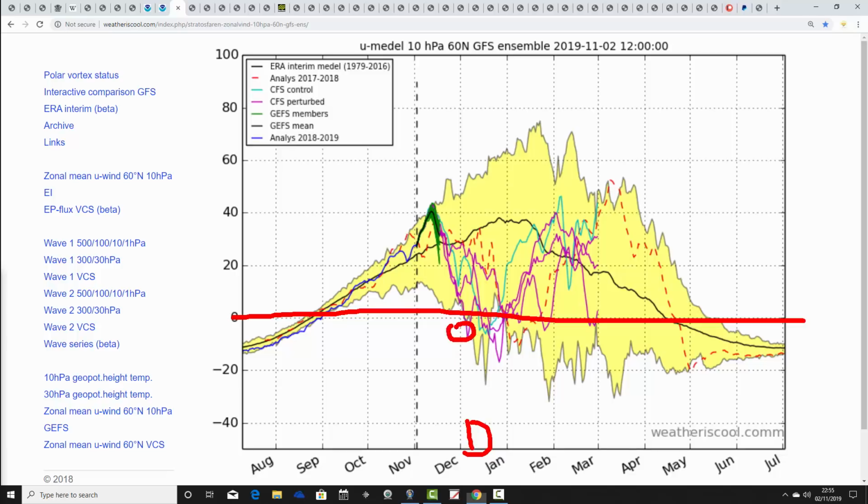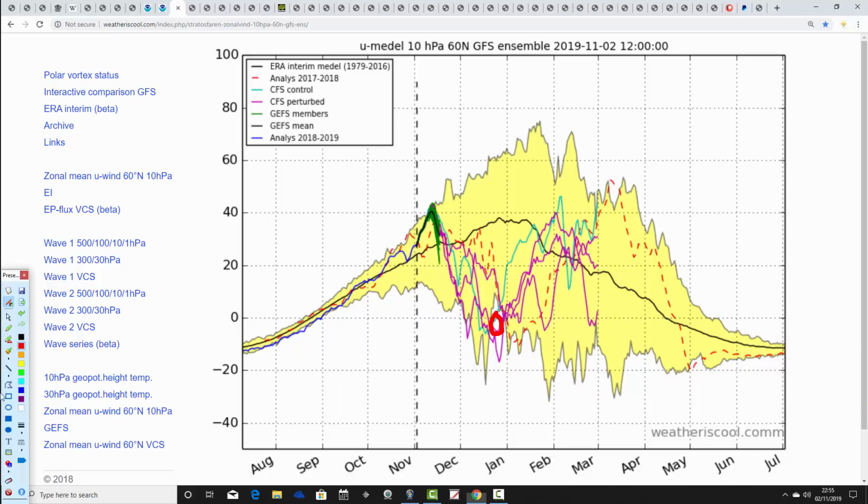So we have that one just there, in early December that's going for a reversal of the zonal winds. That one just there is going for a reversal of the zonal winds around Christmas. This one, this blue line just here, is doing it in the middle of December, and there is the other pink line just there, I think. That one looks like it's doing it sort of late December as well.